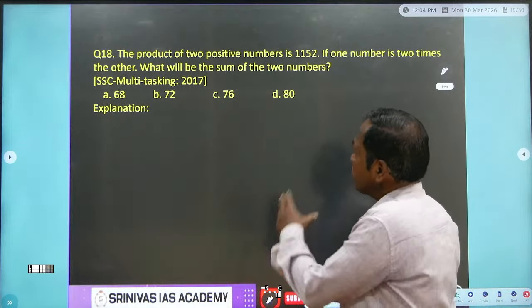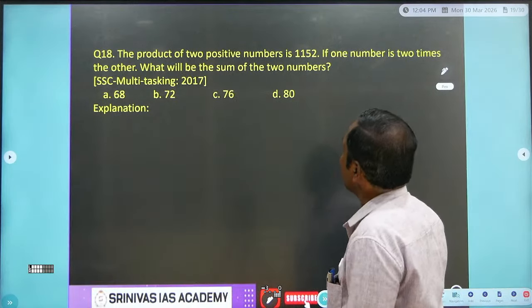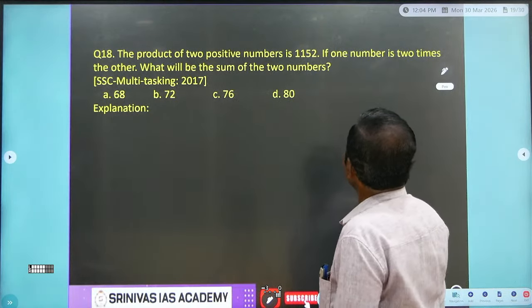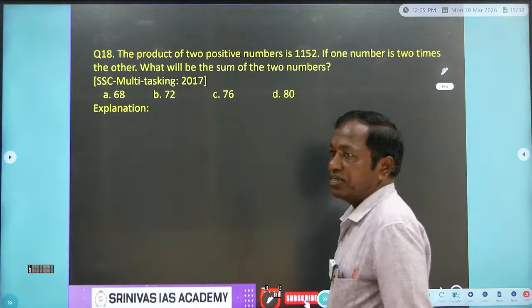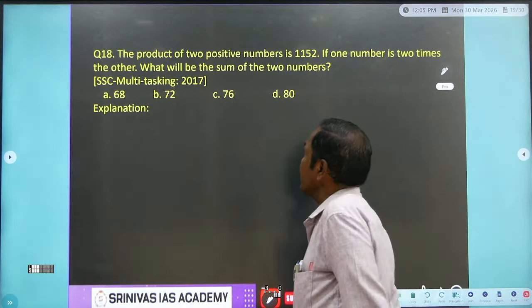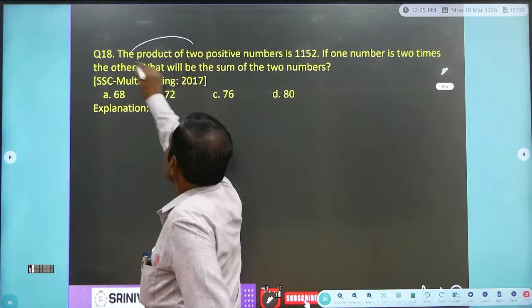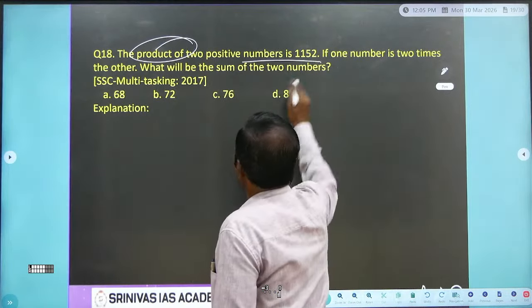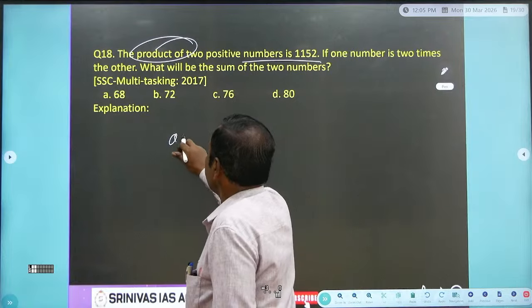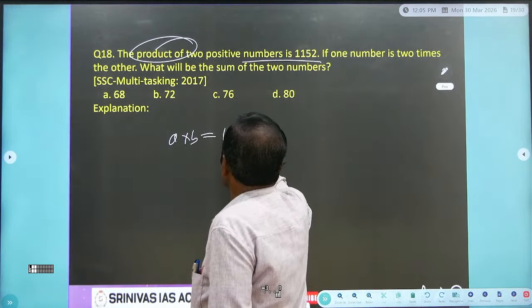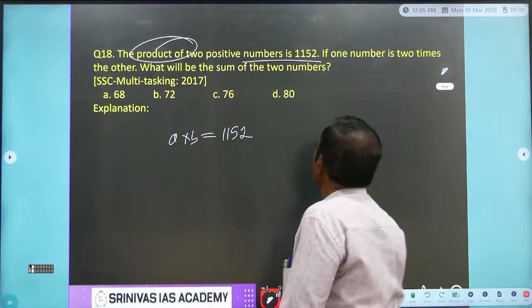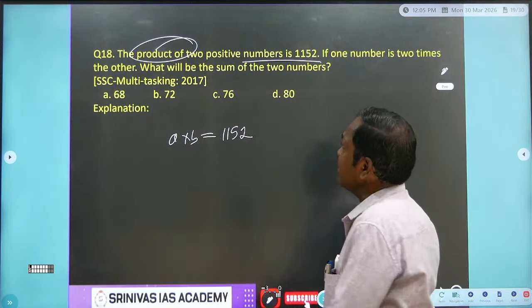Next, the product of two positive numbers is 1152. If one number is 2 times the other, what will be the sum of the two numbers? The product of two numbers is 1152, you can take a into b. One number is 2 times the other.